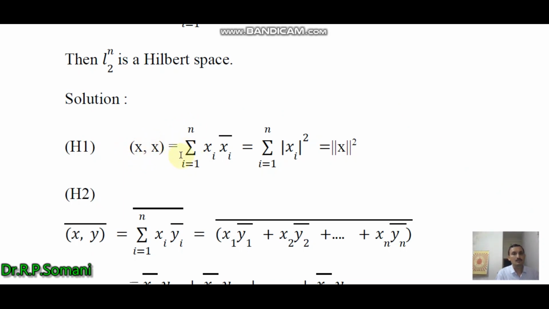By the definition of the inner product, this is equal to the summation, i varying from 1 to n, of xi xi bar, equal to the summation of modulus of xi square, and this is equal to norm x square.